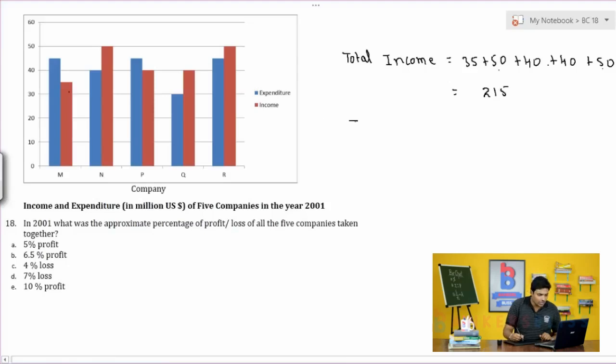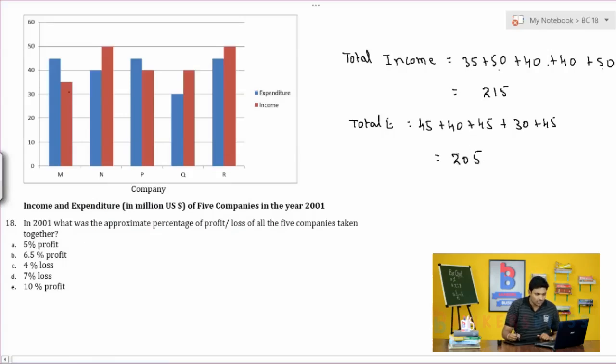Like that you calculate the total expenditure. You can add orally, no need to write each and everything on the paper. Expenditure is 45 plus 40 plus 45 plus 30 plus 45, very easy to calculate. 45, 45 is 90, 90 plus 45 is 135, plus 40 is 175, plus 30 is 205.